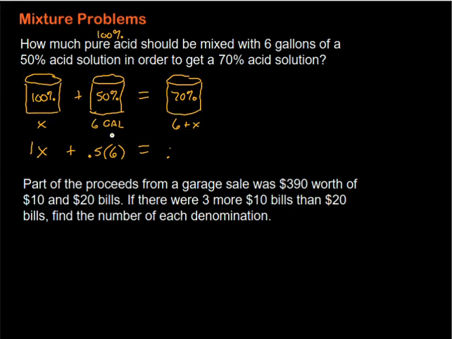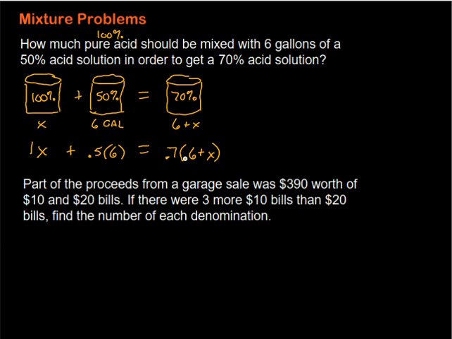Back to the right tool. 0.7 times this amount right here, which is 6 plus x. All right. So each of these is going to give us the amount of acid that's in that particular version of our solution. So then let's solve.